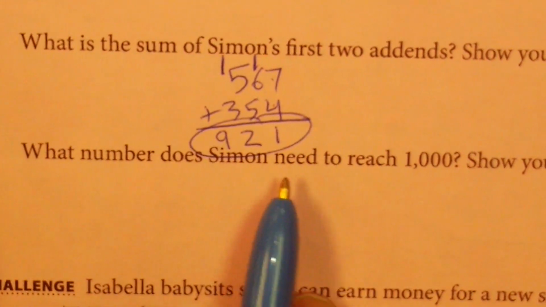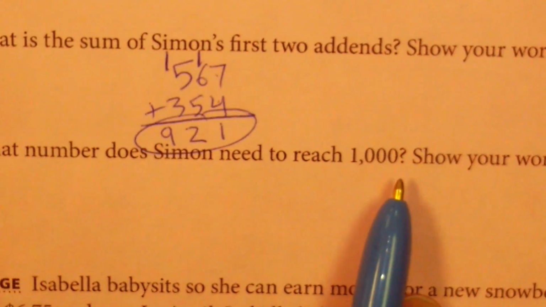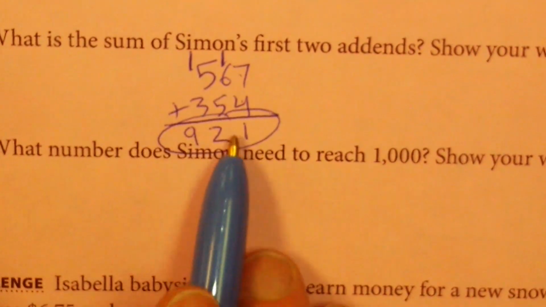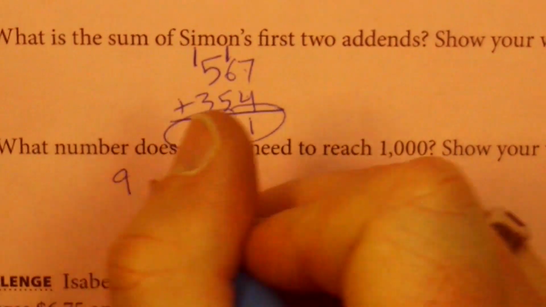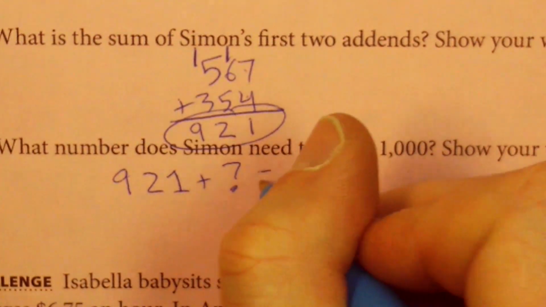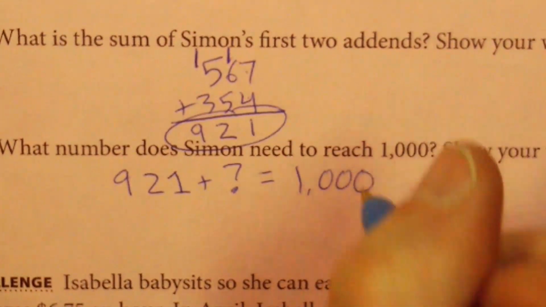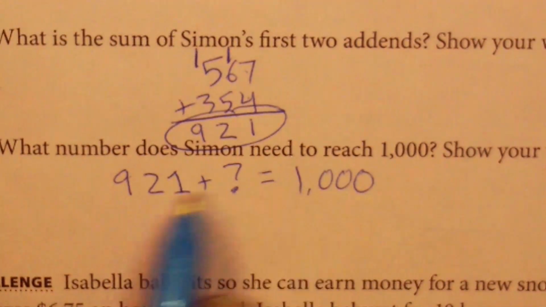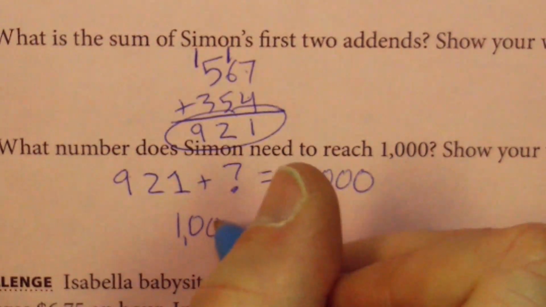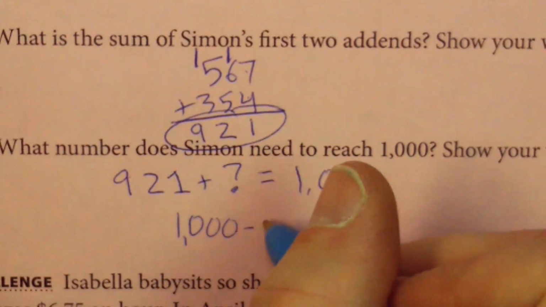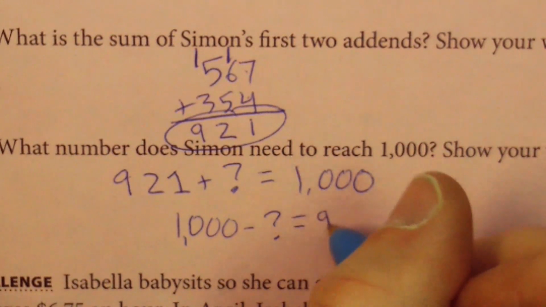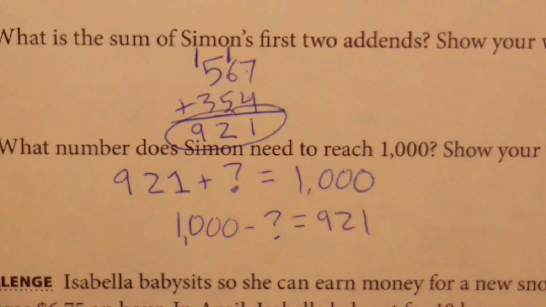What number does Simon need to reach 1,000? Show your work. How do you show your work? How do I get to 921? The question I'm asking, 921 plus what number is 1,000? Well, if I flip this equation around, I could say 1,000 minus this number is 921.